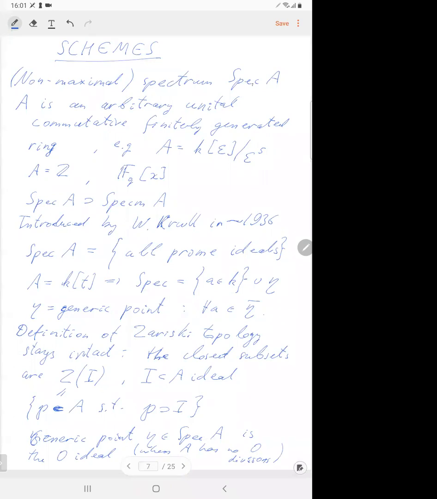Okay, so I defined some set with topology, and now I need to define the structure sheaf.